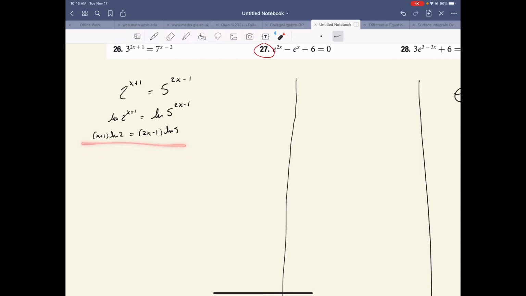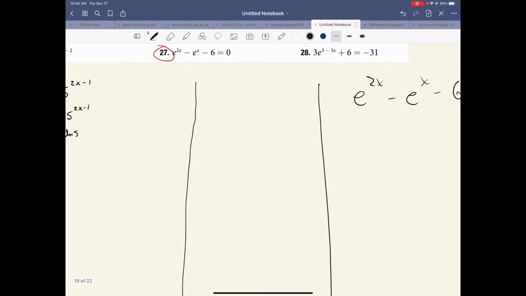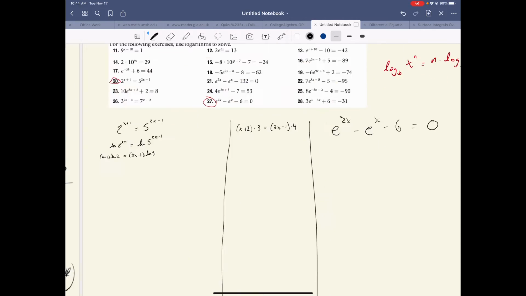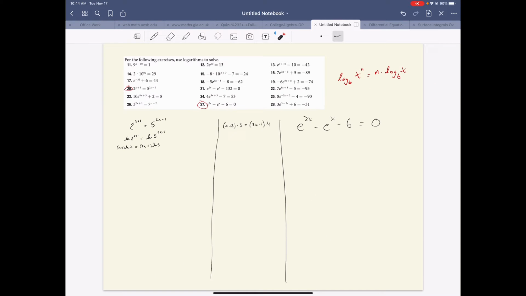Once we have this, I'm going to stop for a second because a lot of times students see this and they get intimidated by this. And so here's what I want to show you in the center column right over here. What if I had something like this, like (x plus 2) times 3 equals, let's say, (3x minus 1) times 4. All right, so one little piece here.